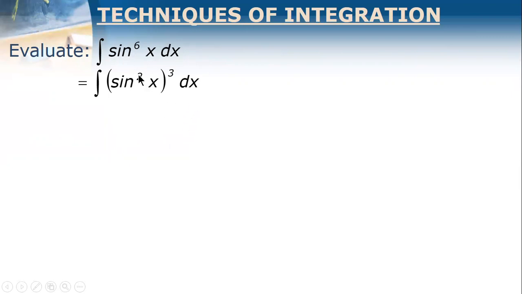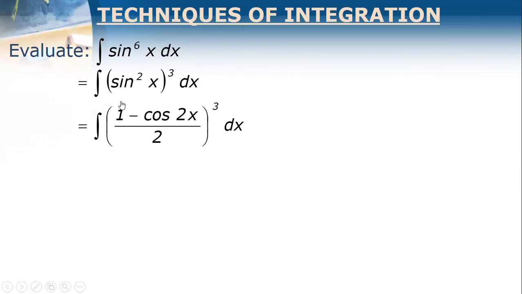Now, this law of exponent: any base raised to two exponents, you just multiply. 2 times 3 and you have 6. And we're going to substitute the expression of sine squared x like this one. Alright?